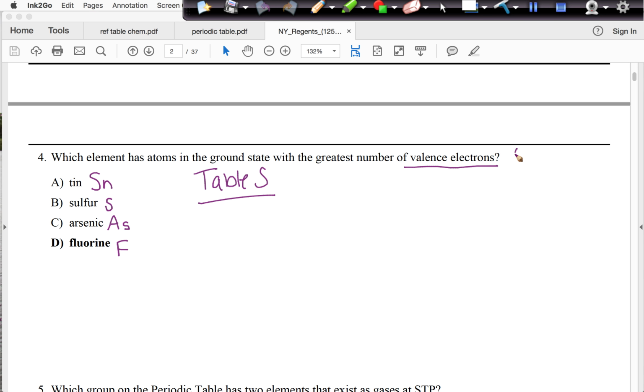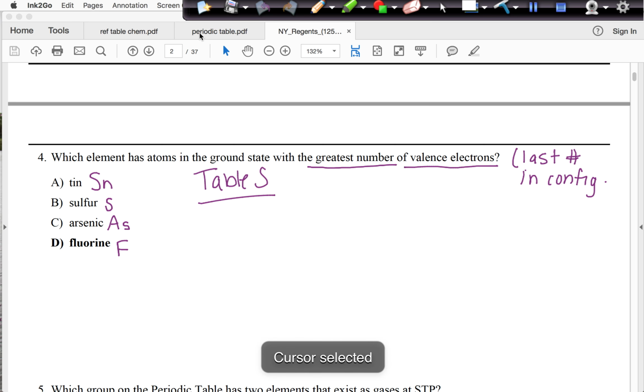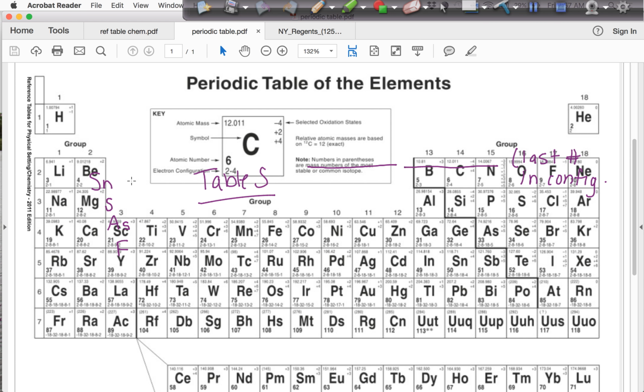And the valence electrons are the last number in the electron configuration. So we're going to look and see which one has the highest last number in the electron configuration. So let's switch over to the periodic table.